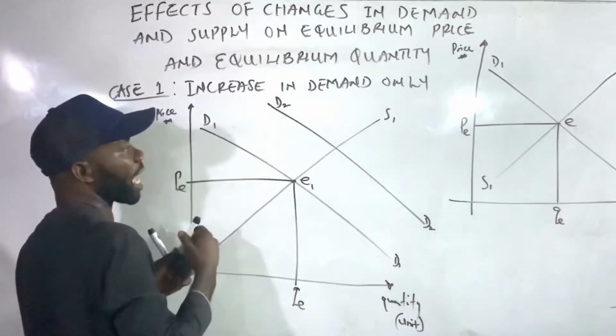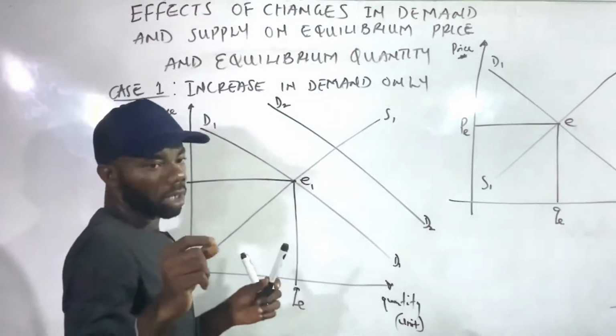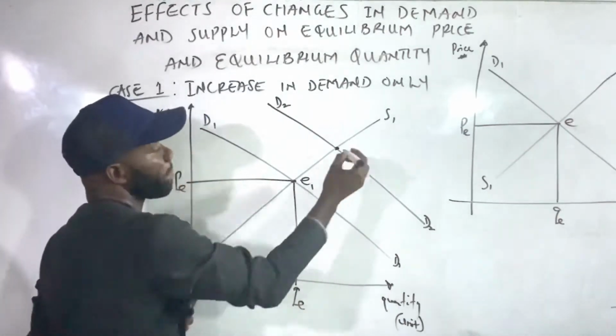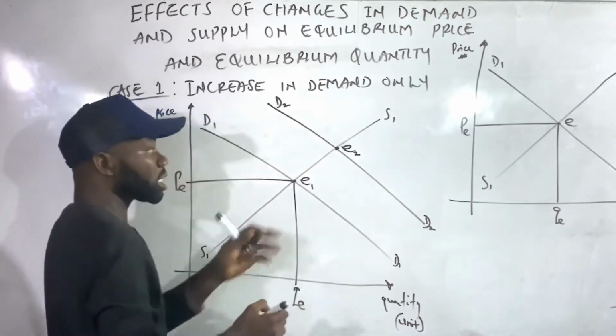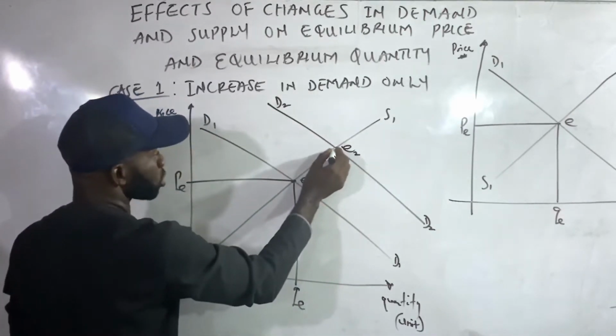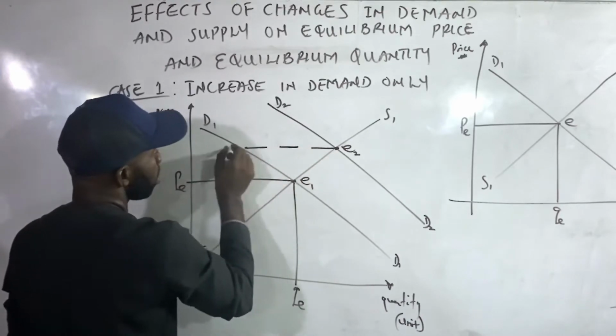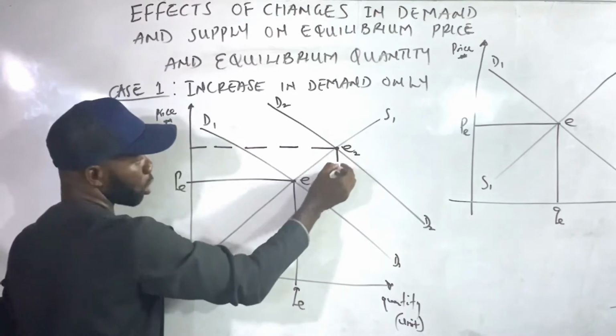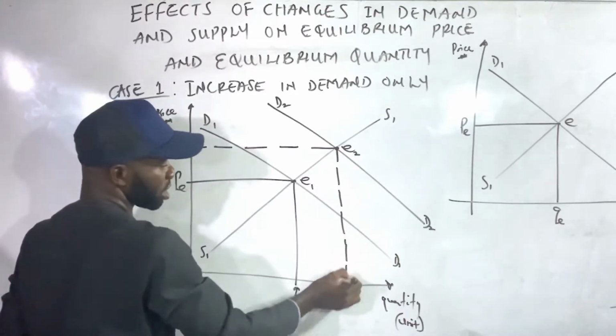We're going to consider the point of interaction between the new demand curve and the old supply curve before we can analyze our changes. So this is the new equilibrium point. We trace the point of intersection to the price line and also the quantity line.